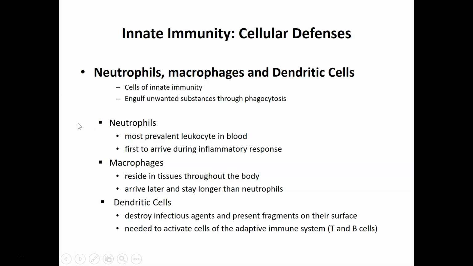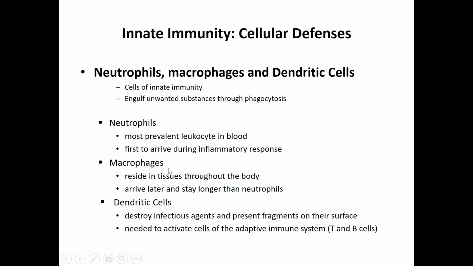So neutrophils, for example, are common in the bloodstream. They're circulating. But if there's some kind of infection or injury, there's an alarm which attracts neutrophils to the site. And so they exit from the bloodstream. They are usually the first cells to arrive on some kind of infection due to the inflammatory response.